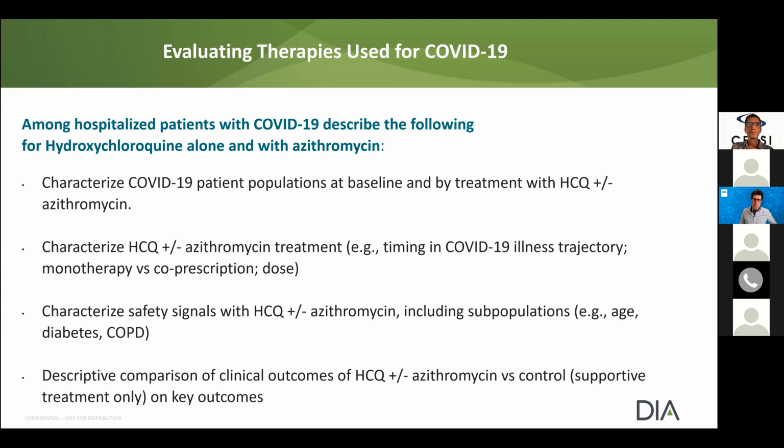For the sake of time, I won't go through each of the individual questions, but in general, the point of this parallel analysis was to characterize what the patient populations look like, to characterize the timing of the therapy in the illness trajectory, and then look for safety signals and compare clinical outcomes in patients treated with hydroxychloroquine, azithromycin, both, or neither therapy.